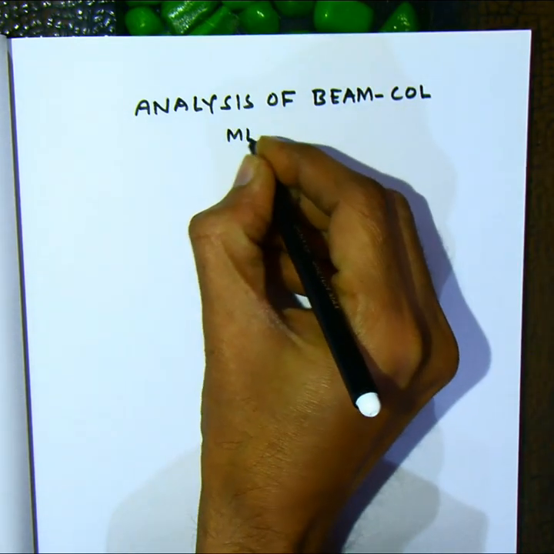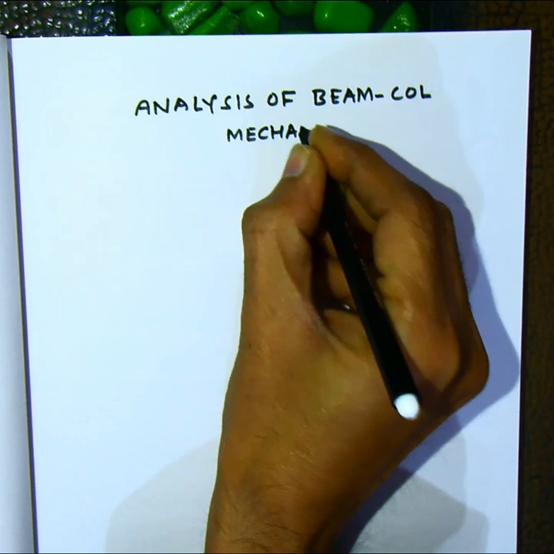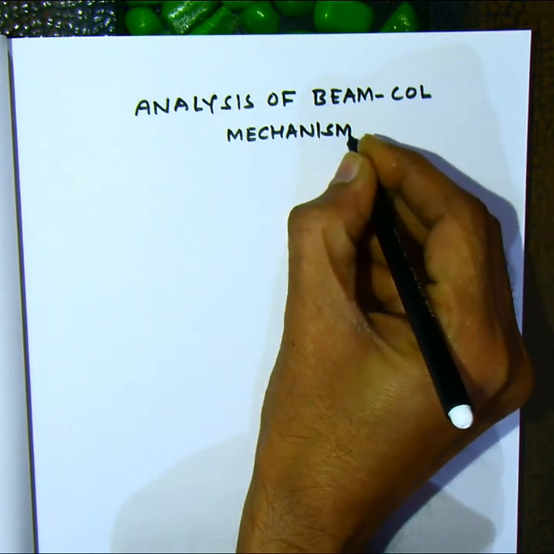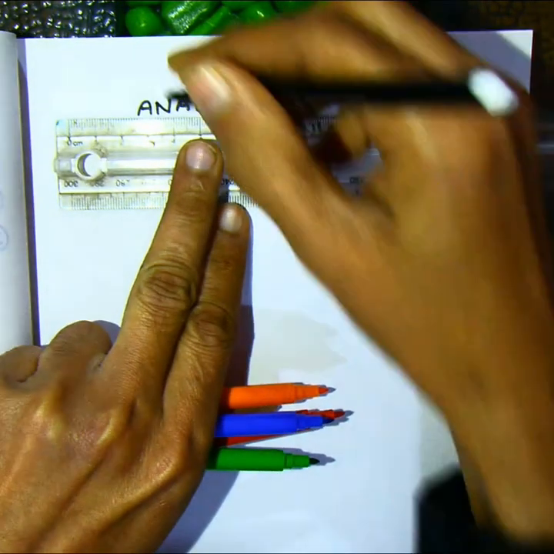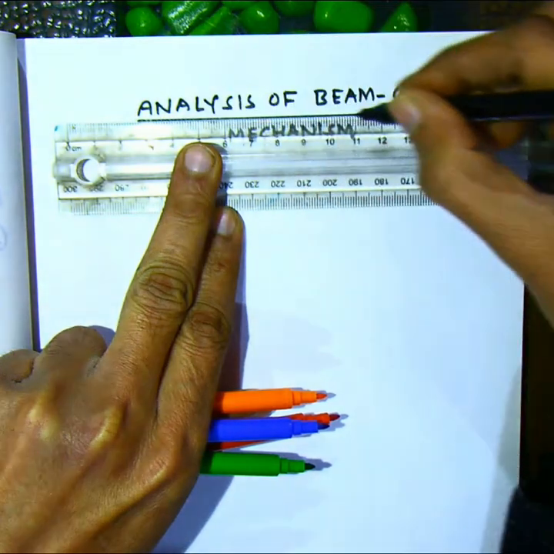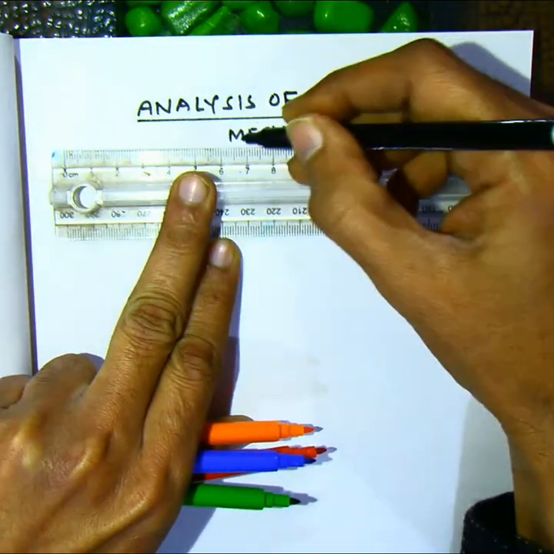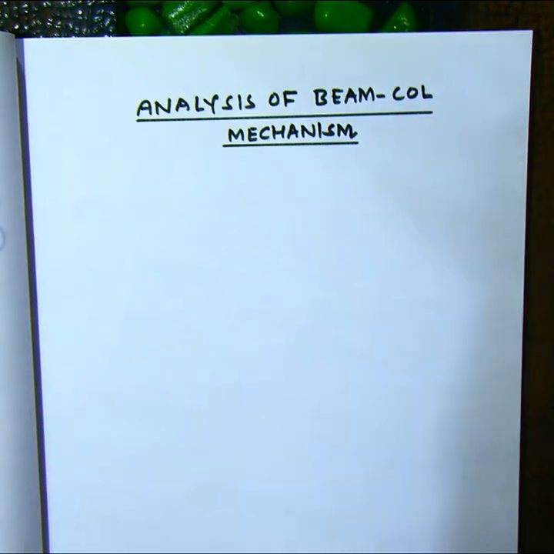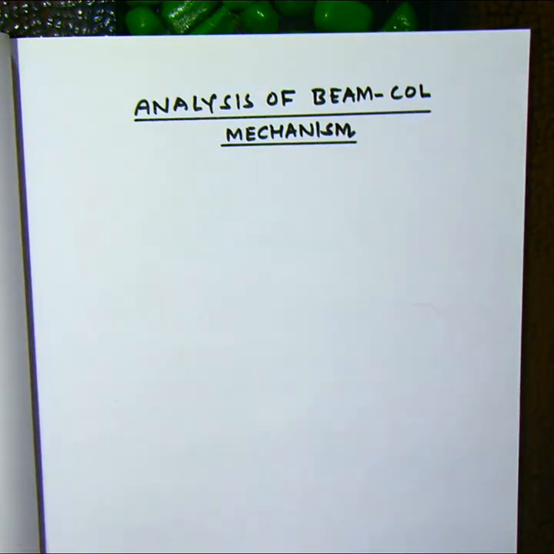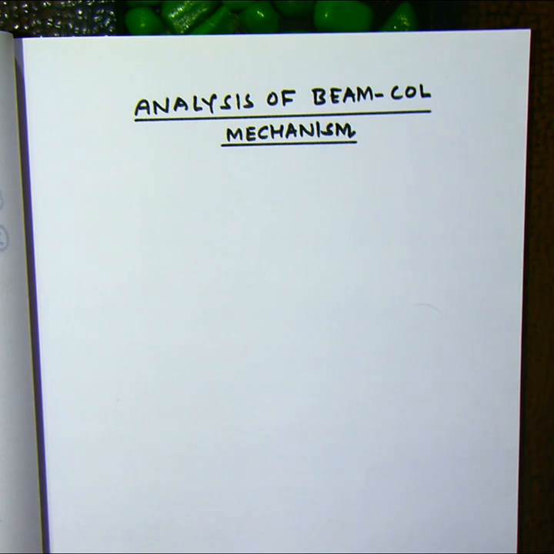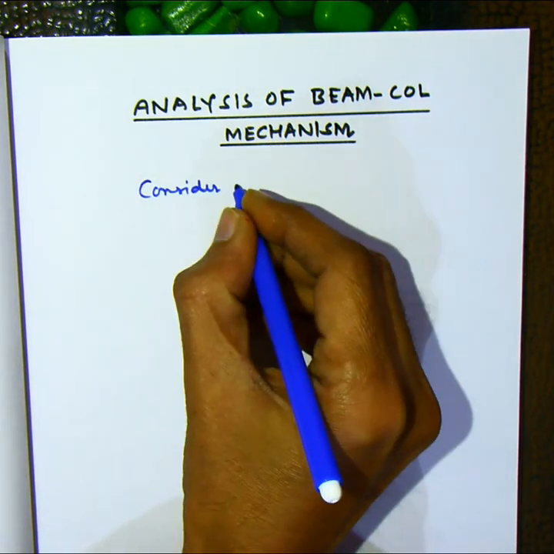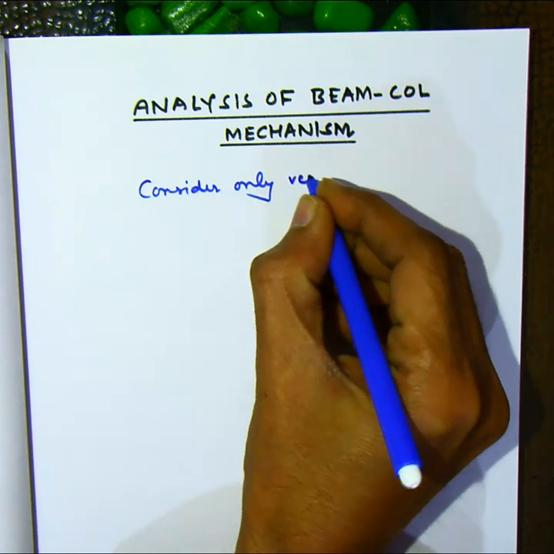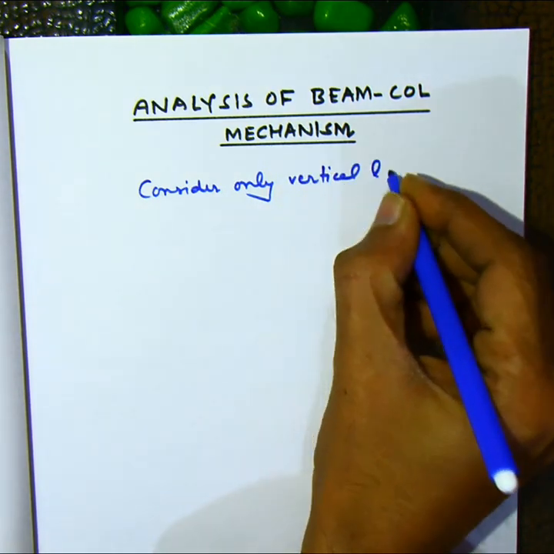Now what do we mean by analysis? Basically, for the beam column mechanism, what we have to do is write the equation of the virtual work, both the external and the internal, because that gives us the failure load. Right now for this problem we are considering the structure under vertical loads for simplicity, and once you understand this, then you consider it for the combined action of both the vertical and horizontal loads. That will be your homework.